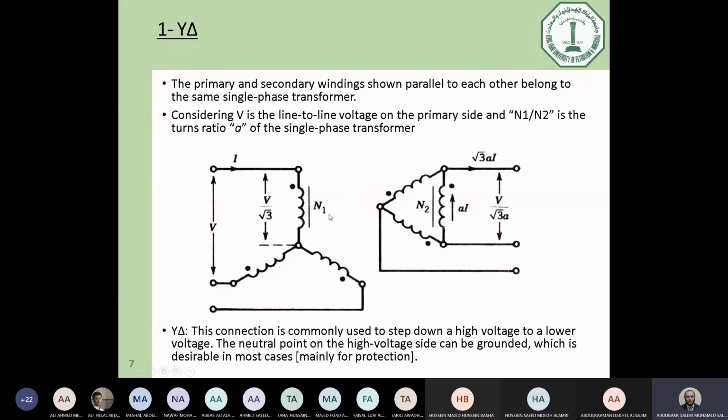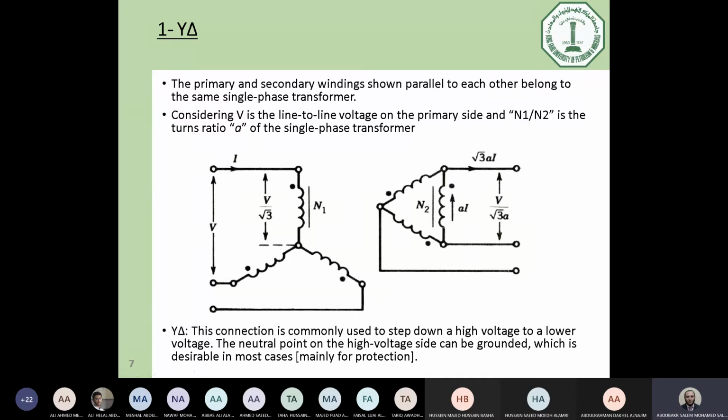Take care about the voltage now, because the voltage applied to this coil is not the same as before because of the Y connection. The voltage applied here is the line-to-line volt; for a star connection, the line-to-neutral volt is line-to-line over the square root of 3.